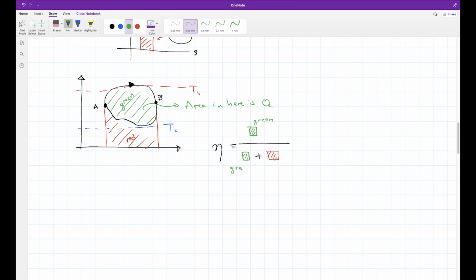Just for accessibility, I'm going to mark the colors here as well. Okay. Now, how can we maximize the green area here? Well, it's very clear we want the green area to fill in anything above this blue dashed line here. Anything else is just wasting some space. So let's show that that is going to increase our efficiency.